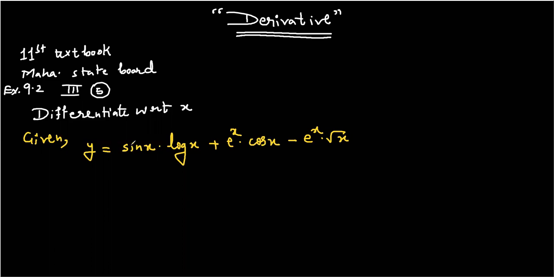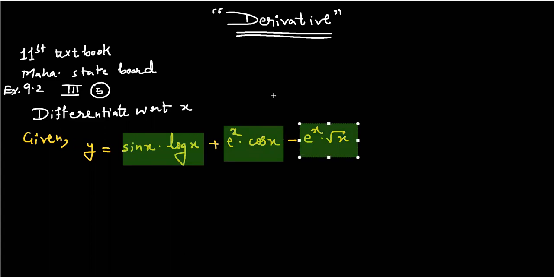So here what you see is you have three terms. Sin x into log x is one term, plus this is the second term, and here you have the third term.